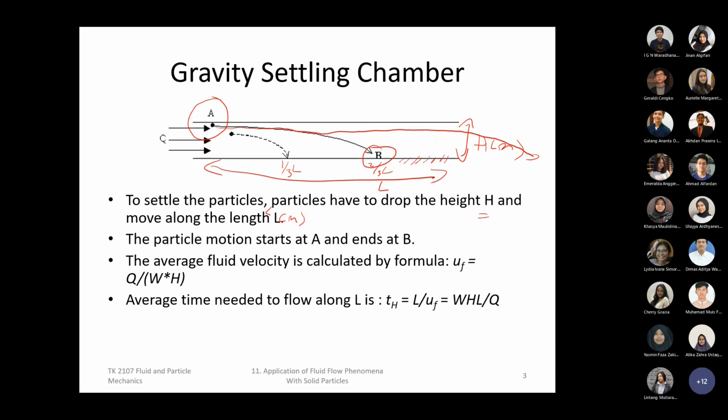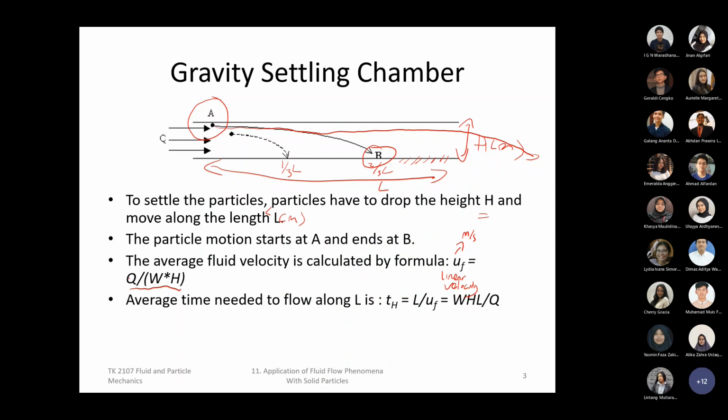Okay. So in terms of simple definitions of this force balance in this gravity chamber system, now the average fluid velocity is calculated using a formula of UF is equal to Q per width multiplied by the height. Hopefully that's clear for you. That's linear velocity, meter per second.